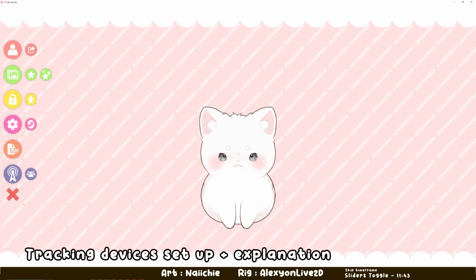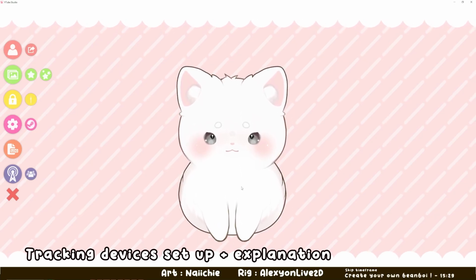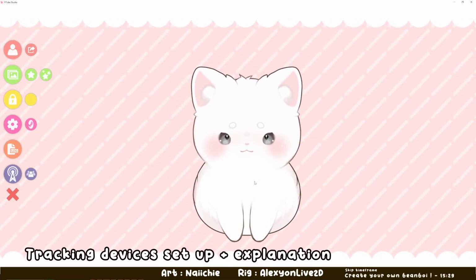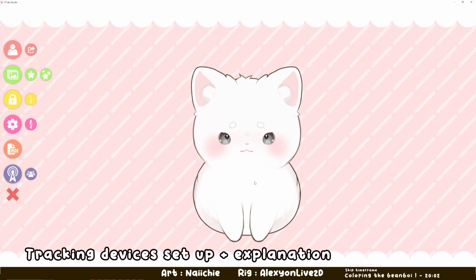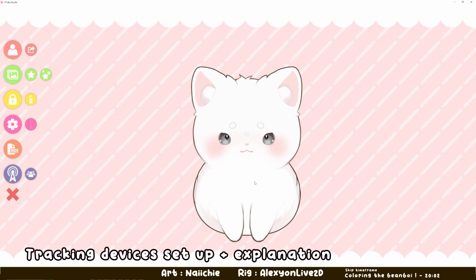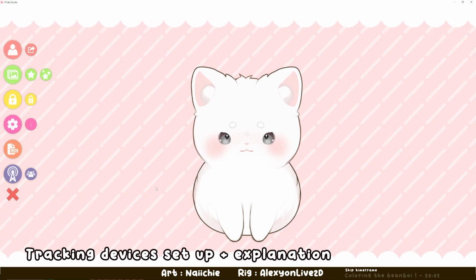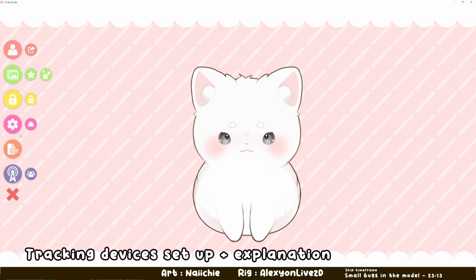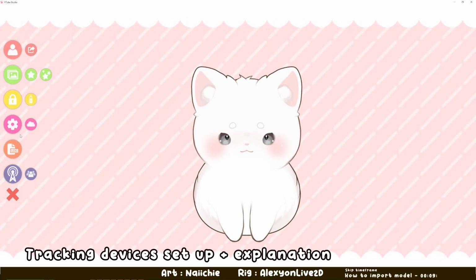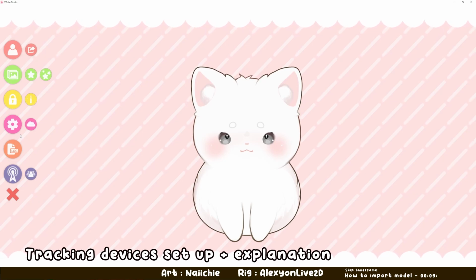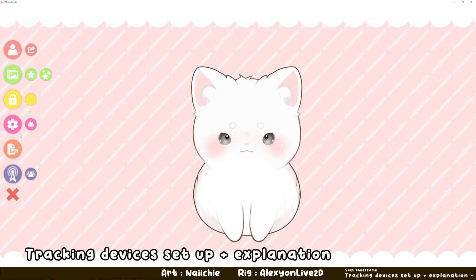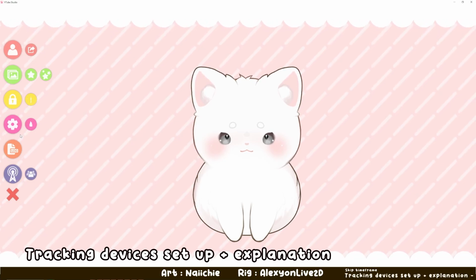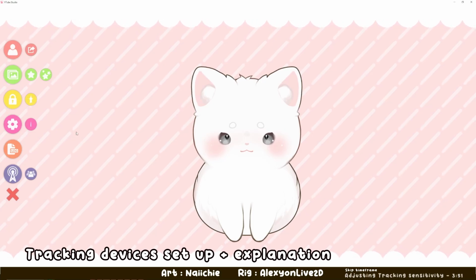First things first, while accessing the files and everything, this is your Beanboi model. To make everything function, you will need to set up your VTube Studio link to the iPhone, which is your tracking device.